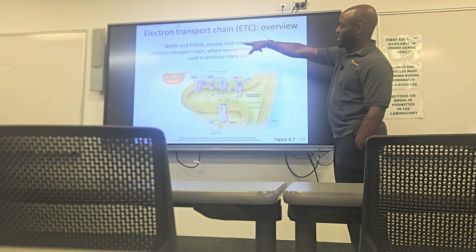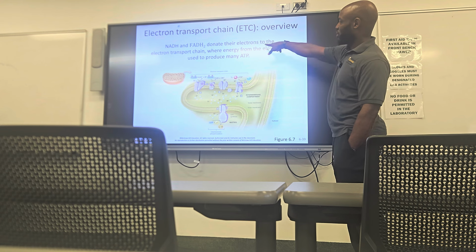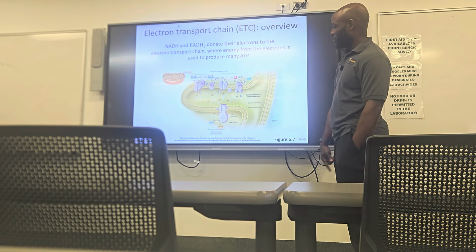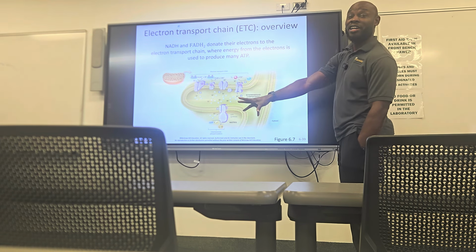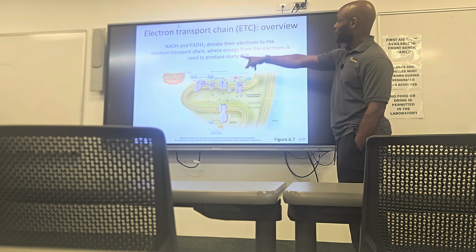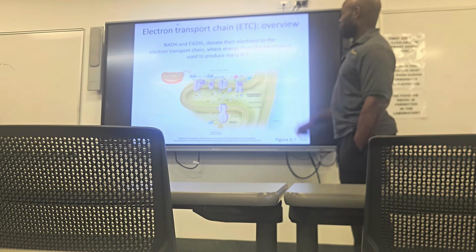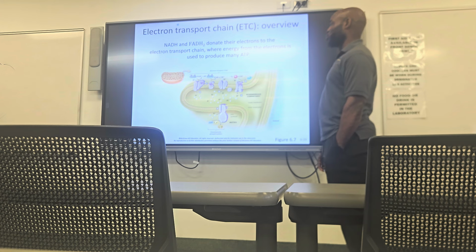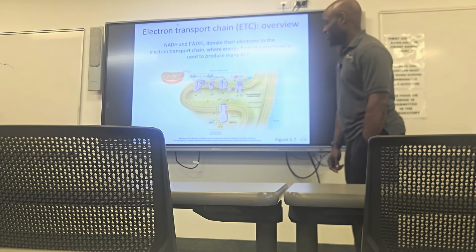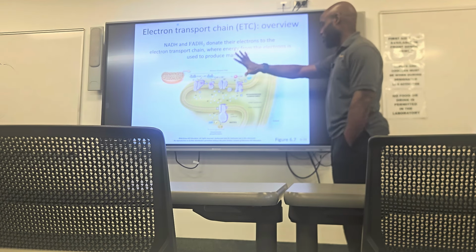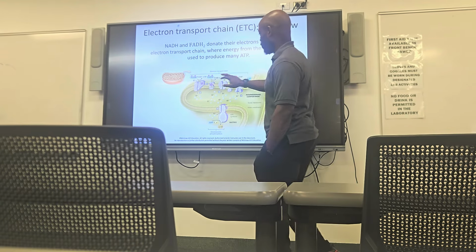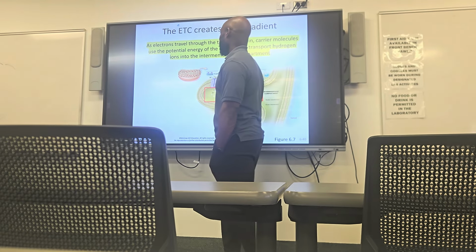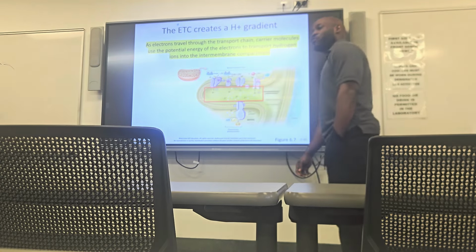So these NADH and FADH2 donate their electrons to the electron transport chain inside the mitochondria, inside your cell, where energy from the electrons is used to produce many ATP. Like I said, I won't ask you the whole formula. Just know that this happens as electrons travel through this transport chain.